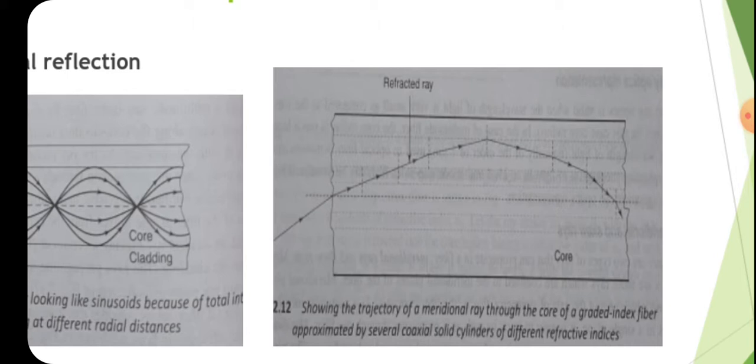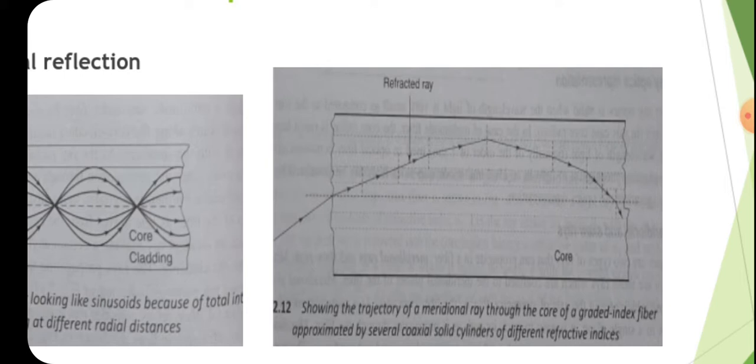So this refraction takes place in each and every layer, where there is a slightly different refractive index. So the light ray path will be changed, and as the light ray travels continuously, at some layer it will undergo total internal reflection, okay.